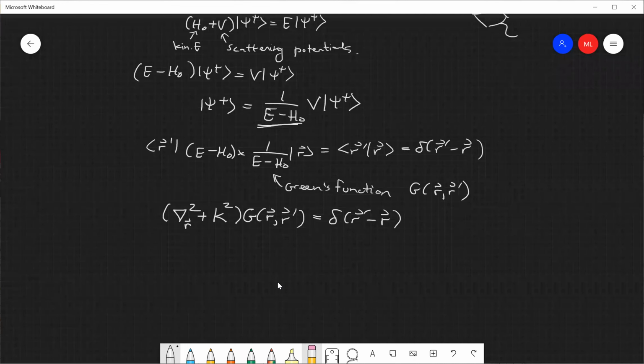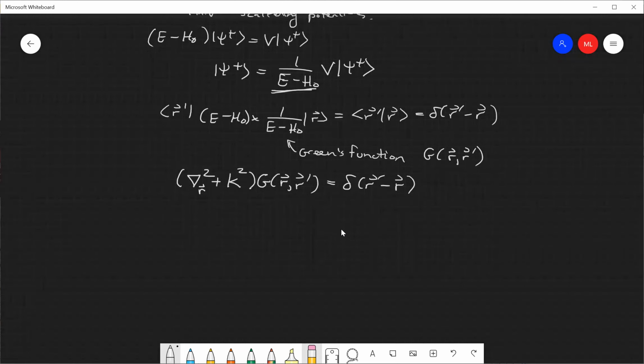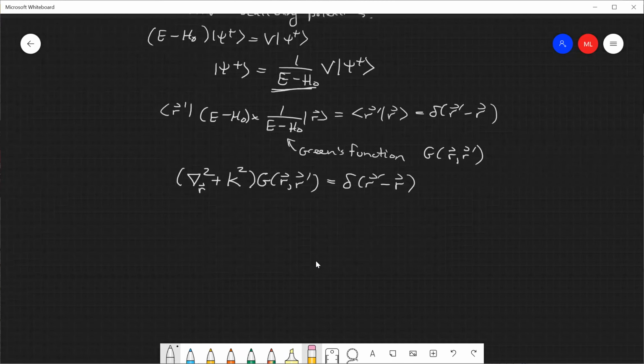This isn't really a PDE class, so the way we're going to solve it is by guess and check. And of course, you want your Green's function to obey certain boundary conditions to make it relevant for scattering. In particular, you can show that this equation is satisfied by the following functions.